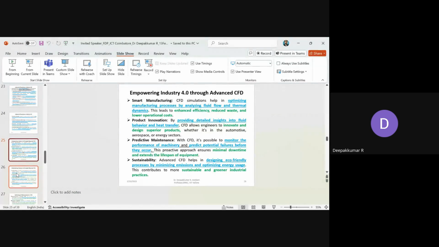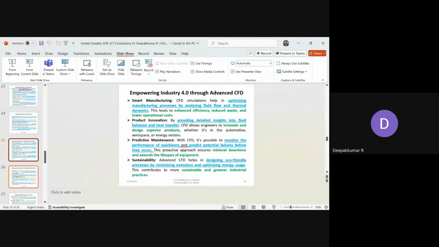By providing detailed insights into fluid behavior and heat transfer, CFD allows engineers to innovate and design superior products, whether it is in the automotive, aerospace, or energy sector, whatever it may be. And predictive maintenance. With CFD, it is possible to monitor the performance of machinery and predict potential failures before they occur. So this proactive approach ensures minimal downtime and extends the lifespan of the equipment, and productivity can be improved through these systems.